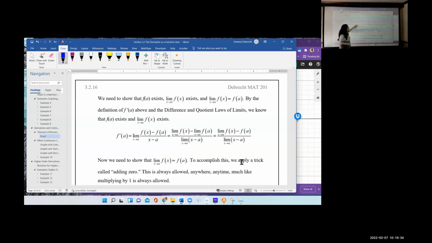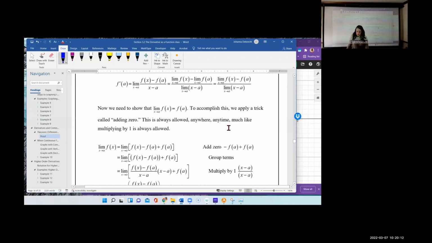By the definition of f prime of A and the difference and quotient laws of limits, we know that we can split the limit up in the difference quotient and pull the limit inside the fraction and write the limit as x goes to A of f of x minus the limit as x goes to A of f of A over the limit as x goes to A of x minus A. Now, in order for this to work, we need to show that the limit of f of x is equal to f of A. And to accomplish that, we apply a trick that's called adding 0.